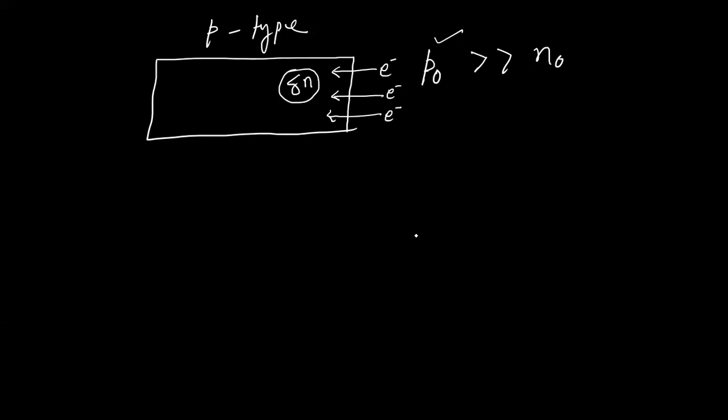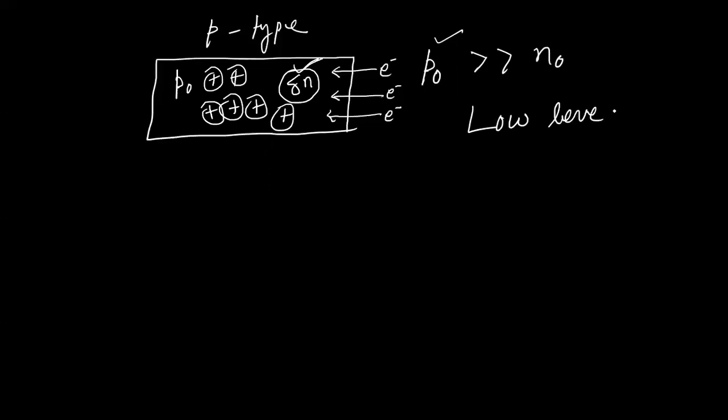For low level injection, the original concentration of holes is much larger than the excess electrons injected because of the excitation. That is what we call low level injection.